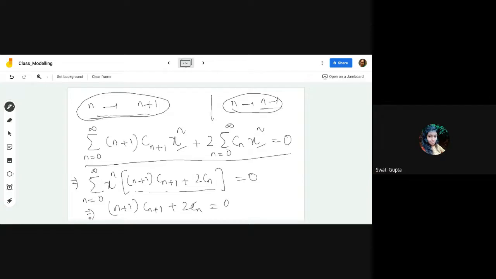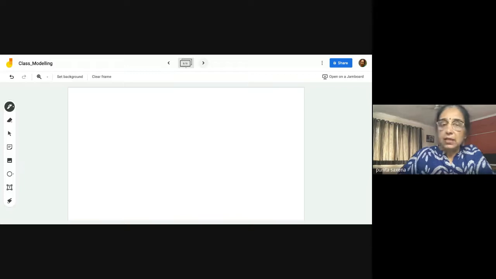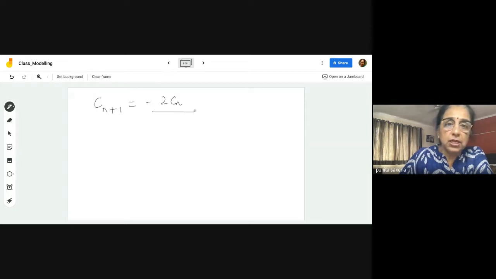Because I have a sum of a positive term series equal to 0, each coefficient independently must be 0. Now, the moment you have this, my c(n plus 1) is nothing but minus 2cn upon n plus 1.